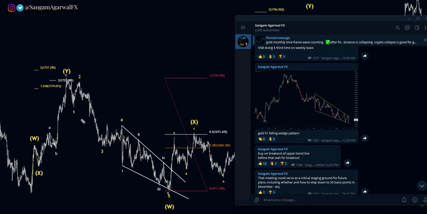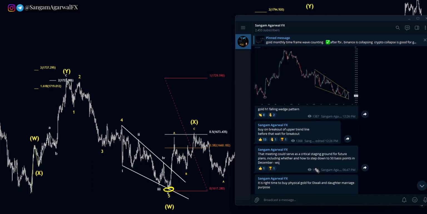And another thing: how can you get confidence that the trend will end right here and your wave counting is accurate? Because when this chart pattern was made and it was testing the lower trend line, there was a rumor that the Fed will hike 50 basis points in December.